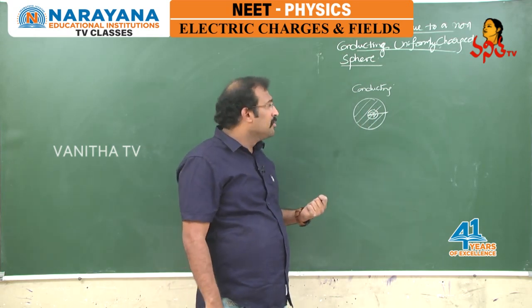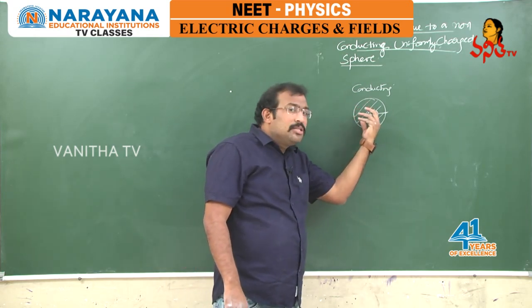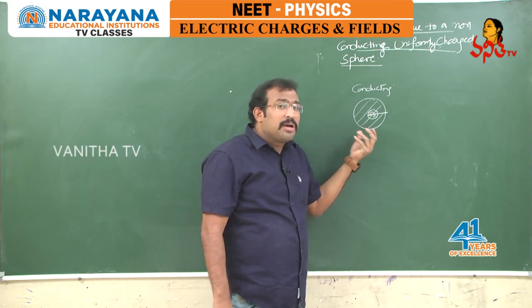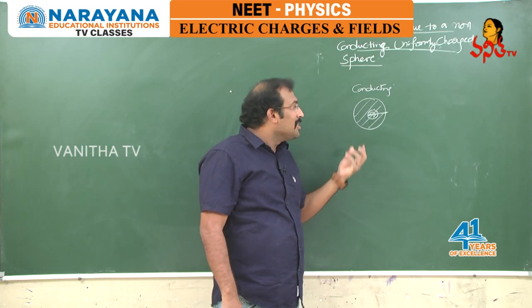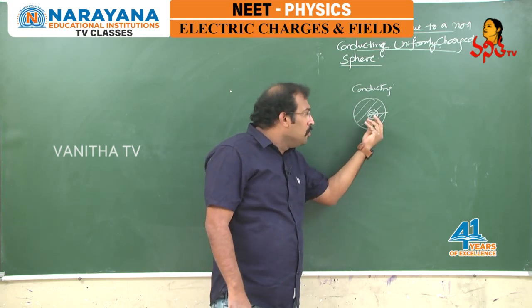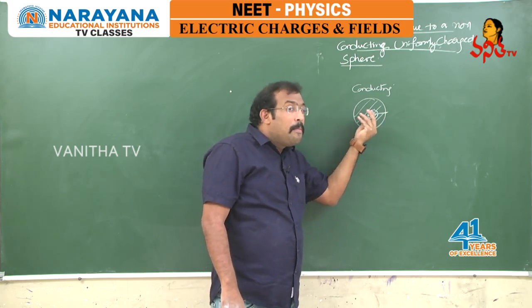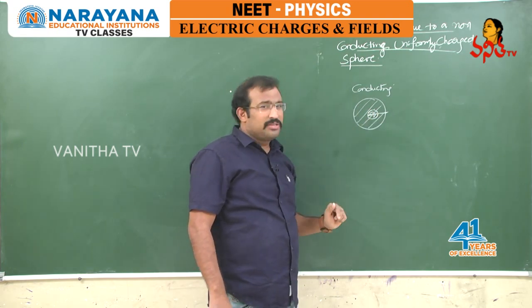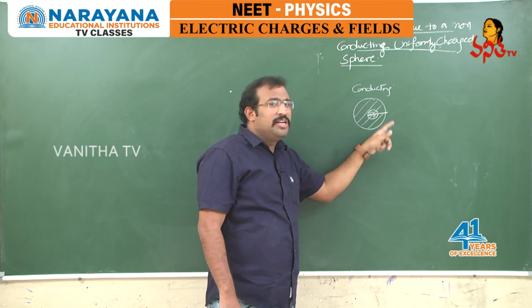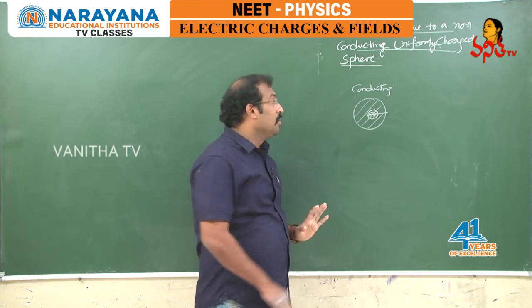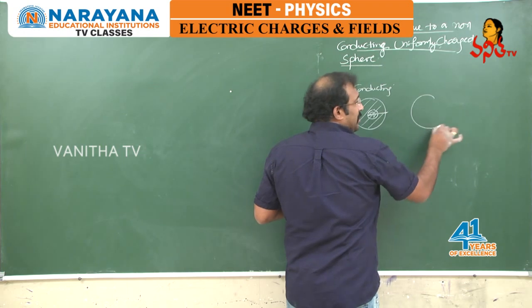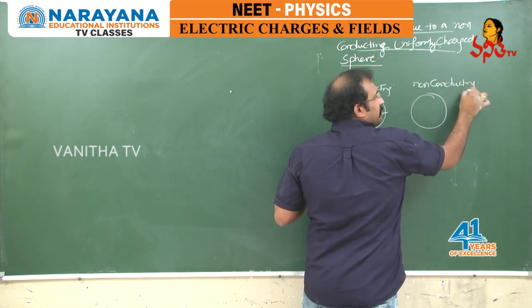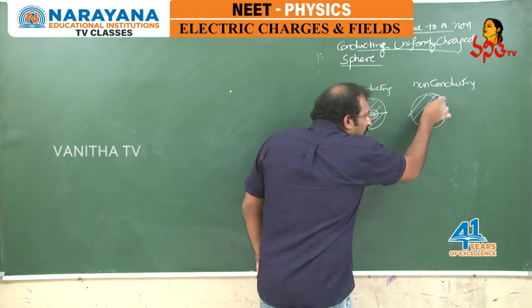Why? Because this conducting material has a large number of free electrons. These free electrons move the excess charge to the surface, making the net electric field inside zero. Suppose it is non-conducting. Let us discuss this non-conducting solid sphere. So there will be so many layers.